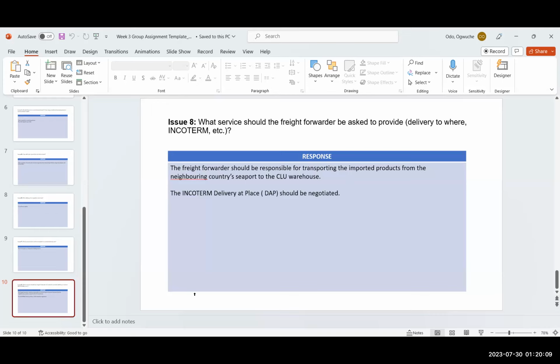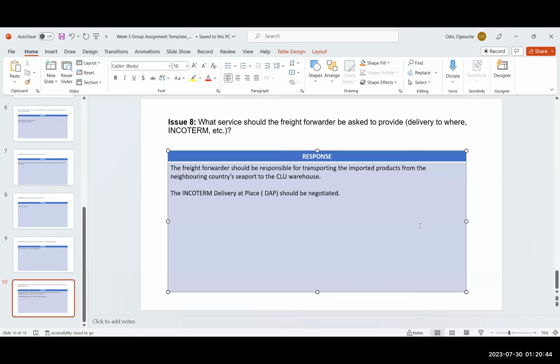Number two, who are you giving the Incoterm delivery at place? Are you giving this Incoterm to the manufacturer, or to the freight forwarder? Because if you are giving this Incoterm in the manufacturer's contract, then it means it is the manufacturer's responsibility to bring the product to the CLU warehouse, which contradicts your first statement, that you want the freight forwarder to bring the product from the nearest seaport to the CLU warehouse.